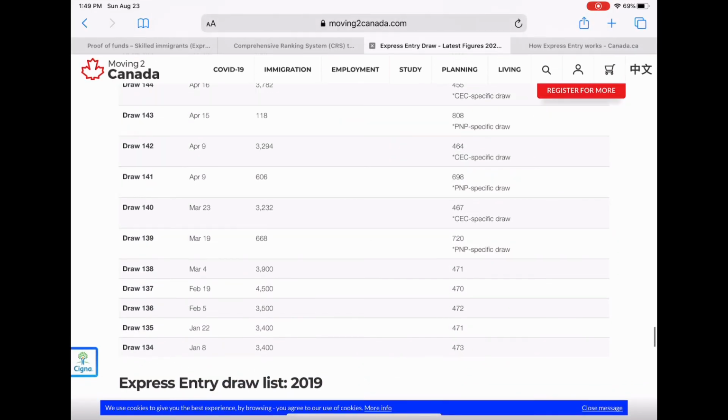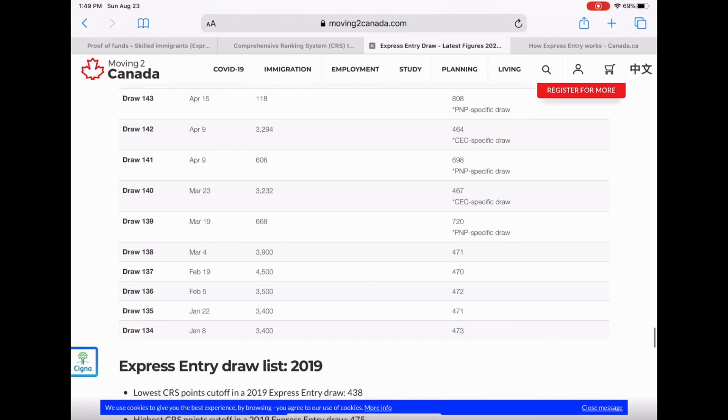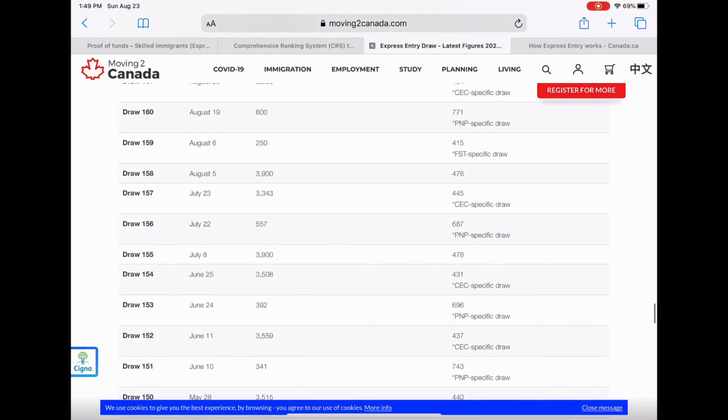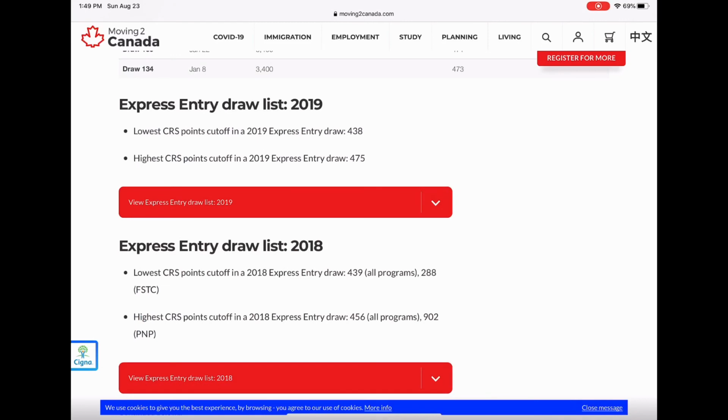See, so this will give me an idea whether I have a chance. Now, the lowest CRS points cutoff in the 2019 Express Entry draws was 438 and the highest was 475.